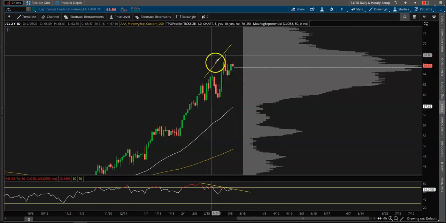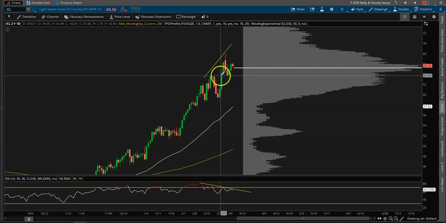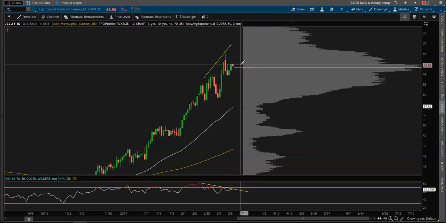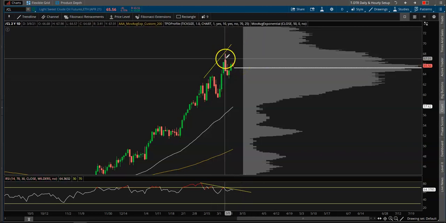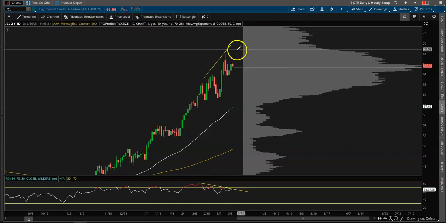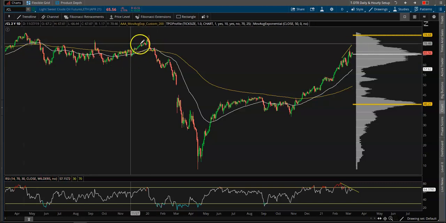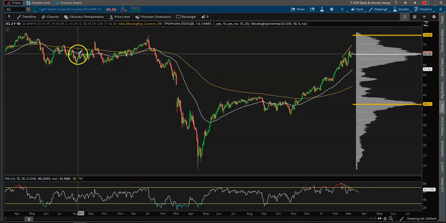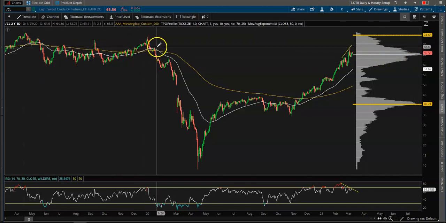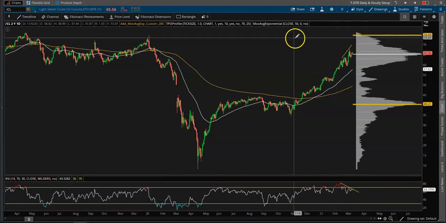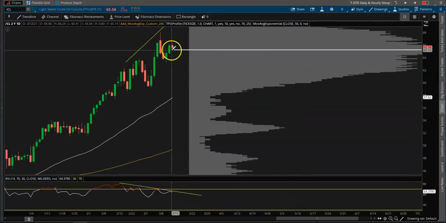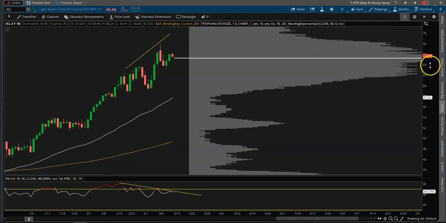That is the question. And right now we are in flip a coin. I have no clue, because this 68 level was a major resistance level. If we look back, it was all this high volume node, things like that. So now, do we make a higher high or a lower low?